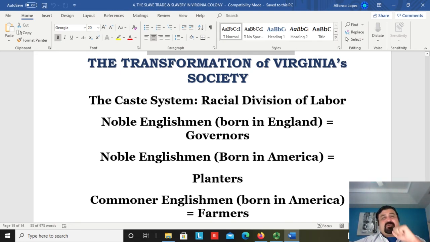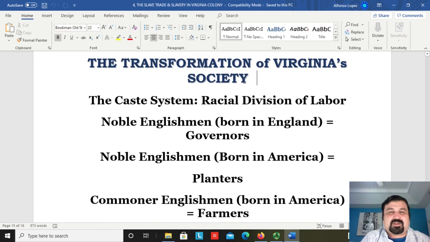But it also transformed the society of Virginia and made it a type of society very similar to the societies back in Europe. Let me just write it here.